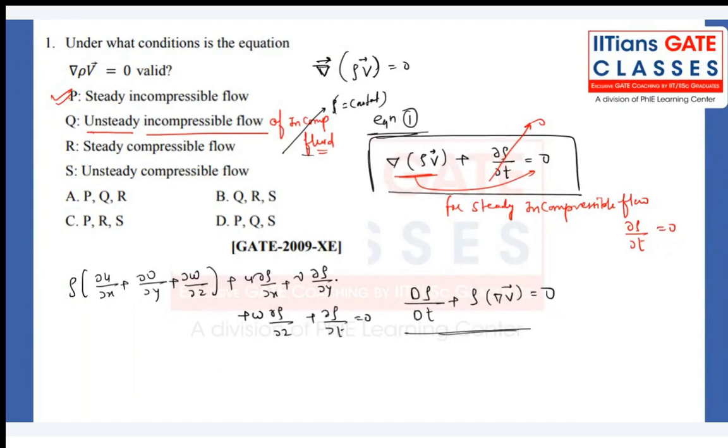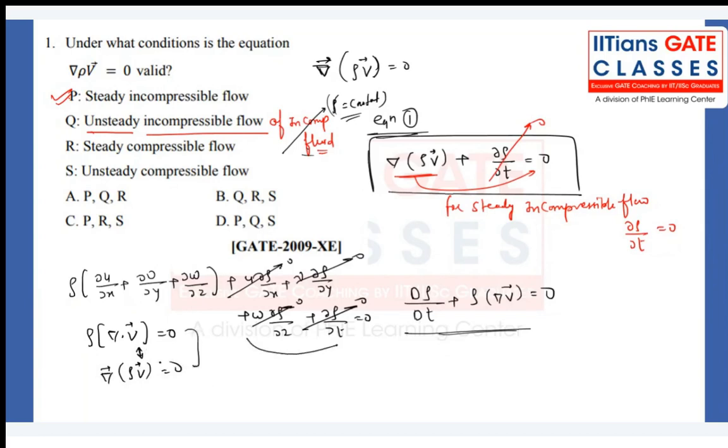When density is taken as constant, that means it is not a function of x, y, z or t. All the terms will be 0, then what are we arriving at in the conclusion? Del dot V has to be 0. Or further, this can also be written as del dot rho V, that is also 0. Check it out. If all these terms are 0, can we write these two equations to be the same? Please check it out.